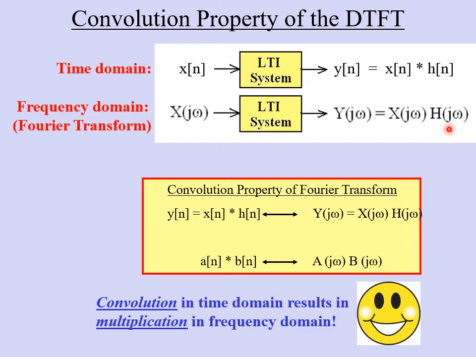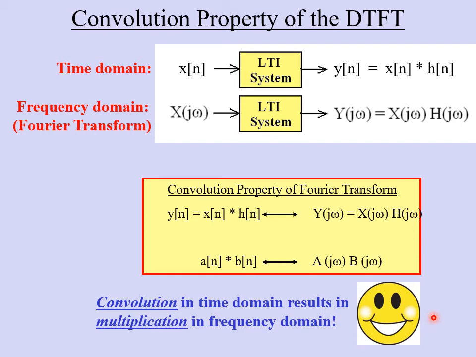It basically says that if, in the time domain, we have to do a convolution, then in the frequency domain, all we have to do is a simple multiplication. So in general, if we have in the time domain some sequence A convolved with some sequence B, then in the frequency domain, we take the Fourier transform to get big A multiplied by big B. So convolution in the time domain results in simple multiplication in the frequency domain.